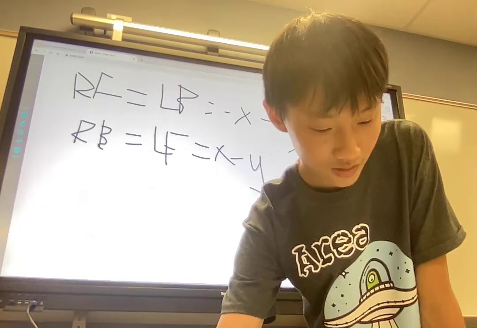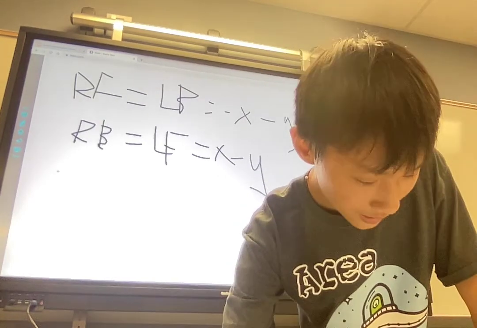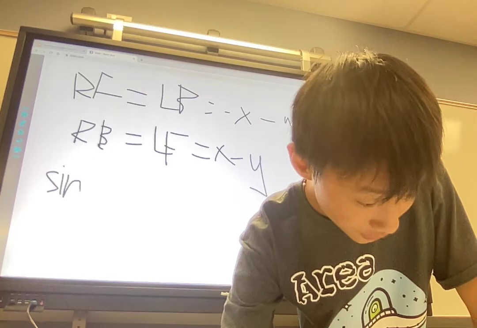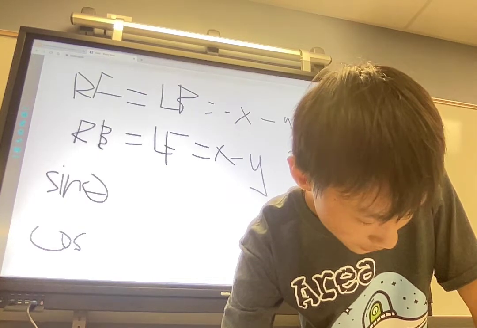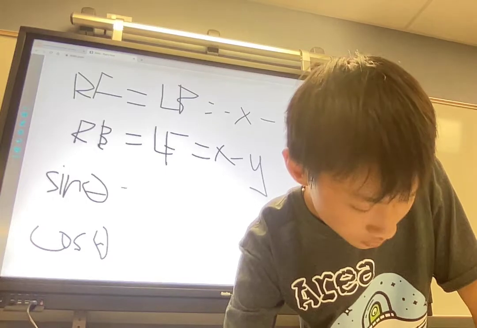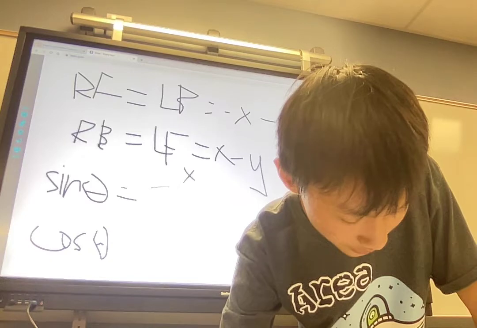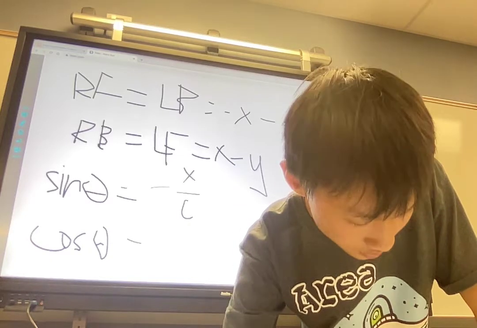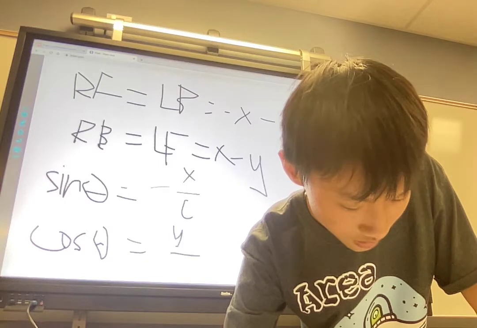So how can we find this? Well, if we use sine and cosine, we'll see that we can obtain both the x and the y value. Sine theta is going to equal negative x over c, and c is the hypotenuse. And then cosine theta is going to equal y over c.